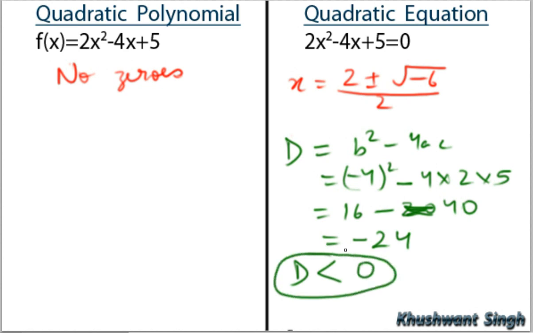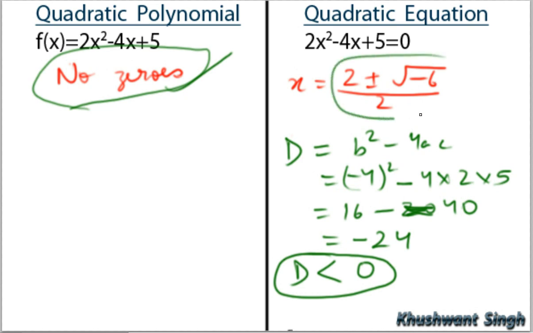Now over here d is less than 0, or d is negative. When d is negative, then you will get no zeros. You will not get any zero when d is negative. And the roots will be not real, because root under minus 24 is not a real number. This is a complex or imaginary number, not categorized as a real number.